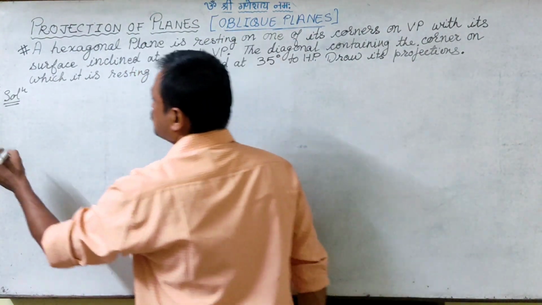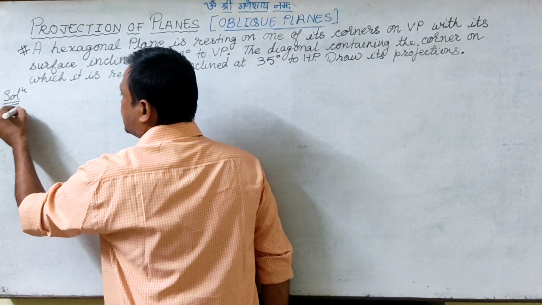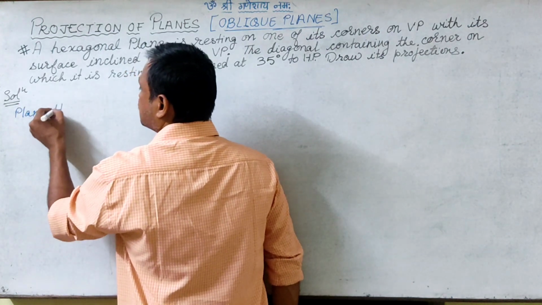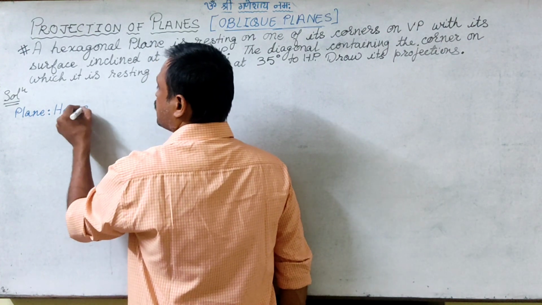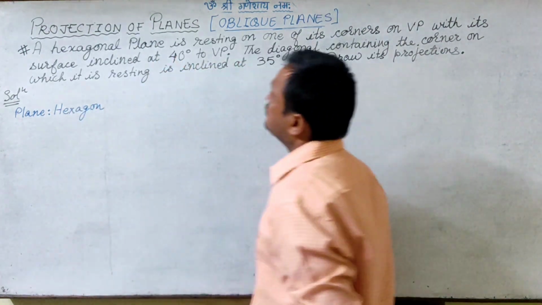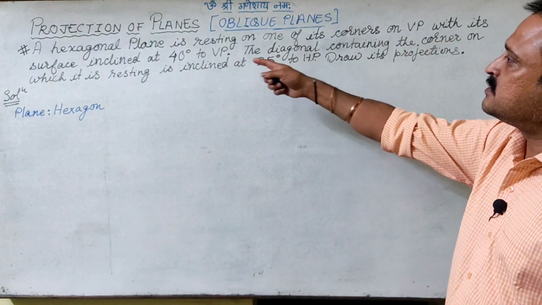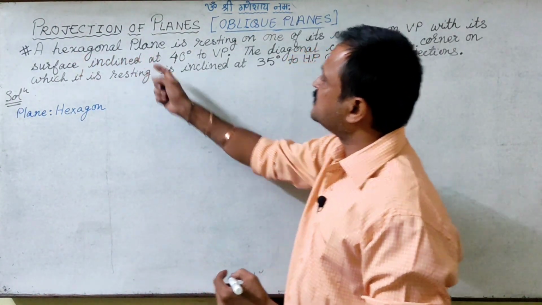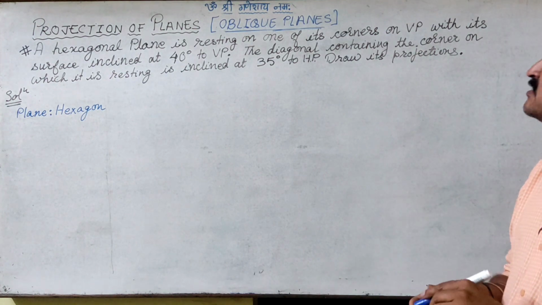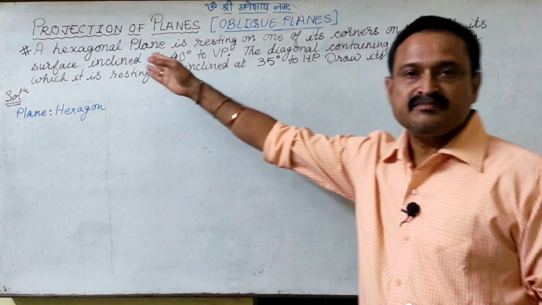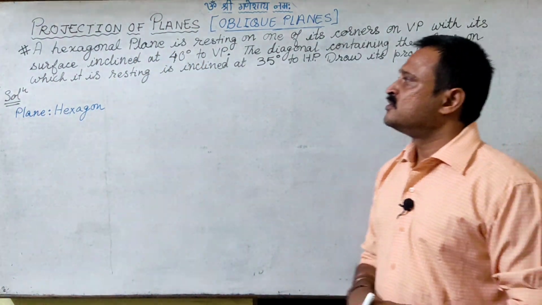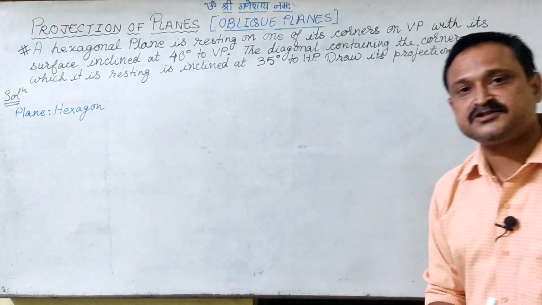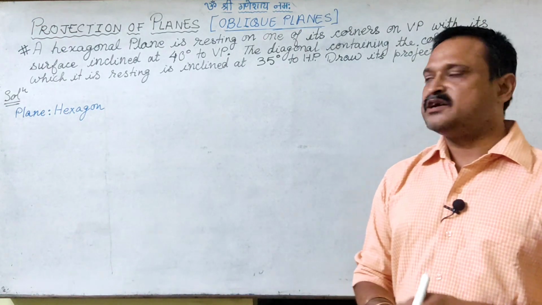Let us understand. Here the plane given to us is a hexagon. Deliberately I have not specified the side length of this hexagon. When it is not mentioned, we will consider these planes to be regular polygons.